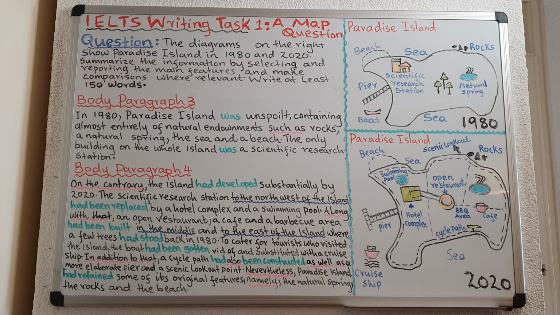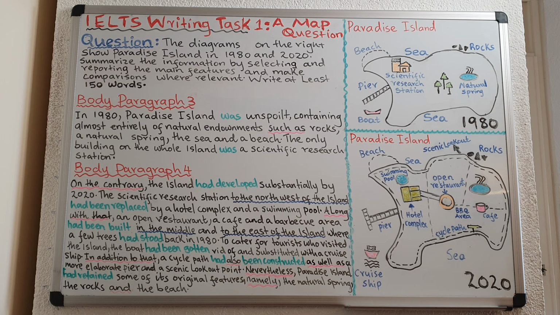Where the scientific research station was, now you have a hotel complex, a swimming pool, and where the trees were, you have an open restaurant and a barbecue area. You also have a psychopath and a scenic lookout point. Now, the rocks have remained the same. The sea is obviously still the same.